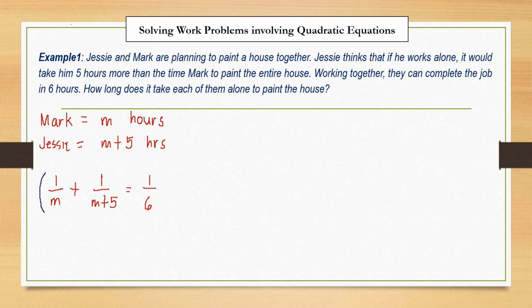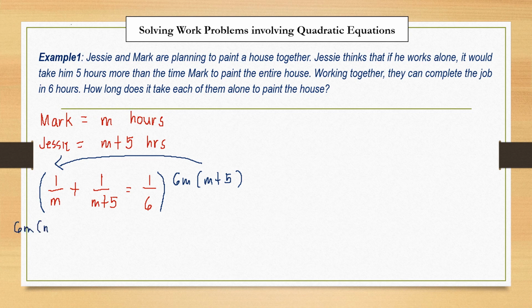So for this rational algebraic equation, we multiply the entire equation by the LCM of the denominators, and the LCM of all the denominators will be 6m times m plus 5.